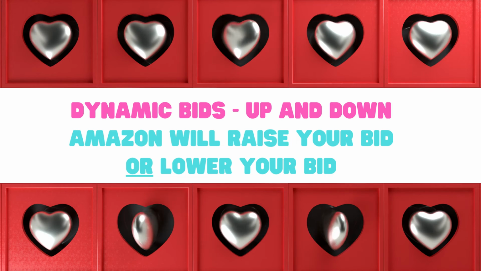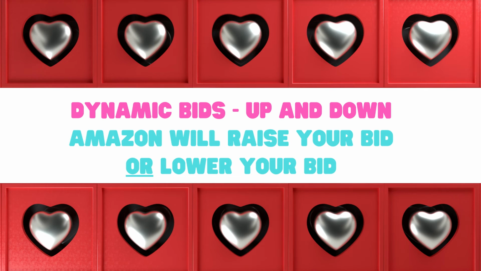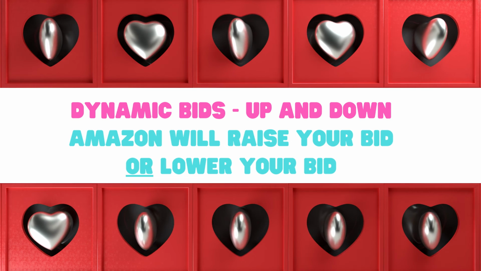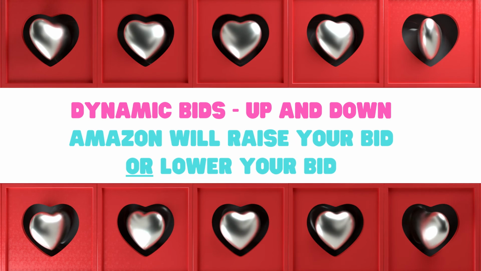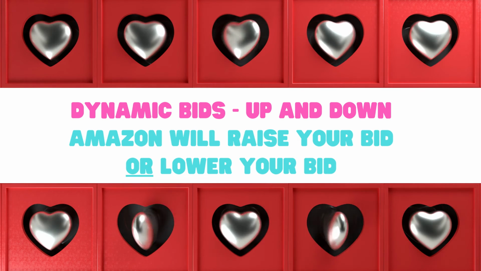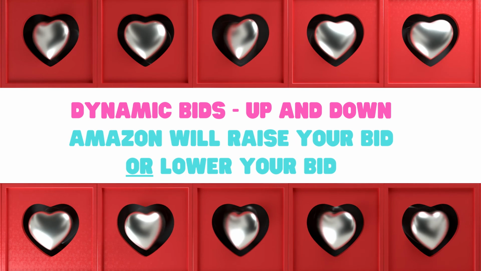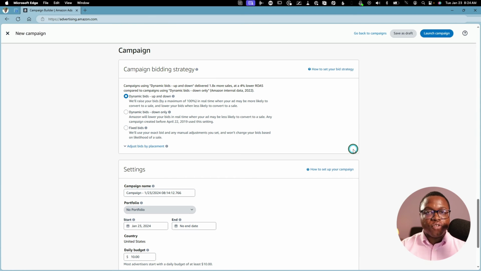If you select dynamic bids up and down, then Amazon will start with your bid and it will increase your bid by up to 100% if it thinks it will convert to a click. On the other hand, it will also decrease your bid in real time if you're less likely to get a click as well. If you're just starting off with Amazon ads, I would start with dynamic bids down only and see how that does for you.